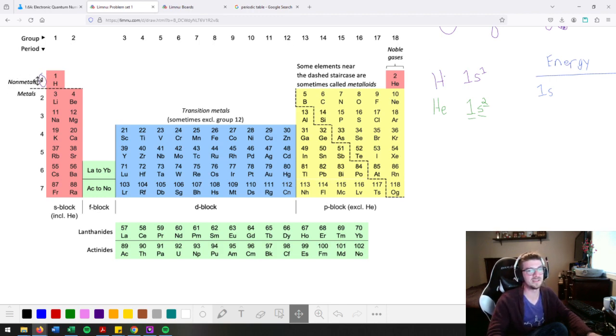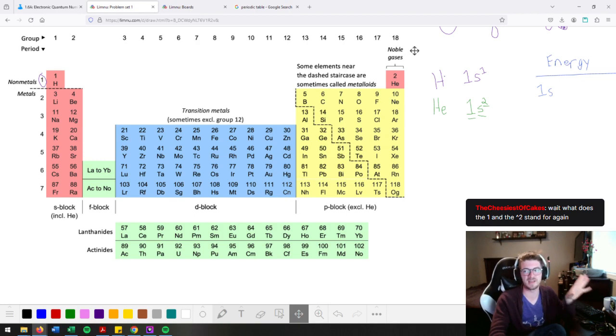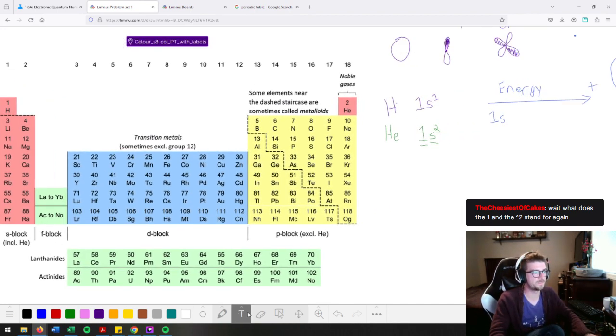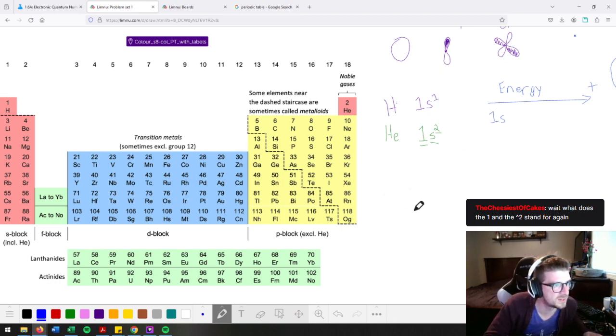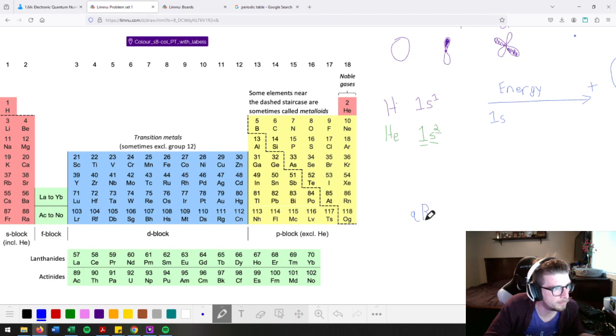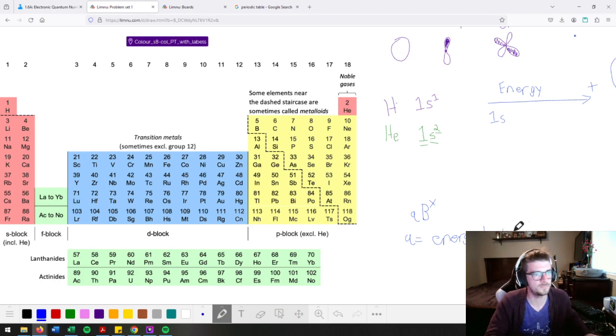So the energy level number 1 only contains an s orbital. The 1 and 2 here are referring to the electrons. Let's call this A, B, X. A equals the energy level, or this can also be called an electron shell.